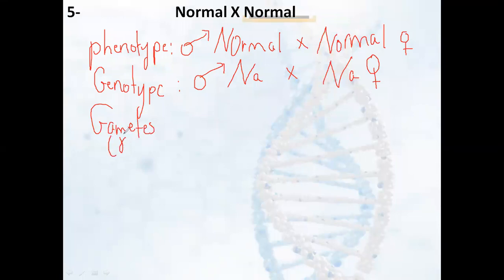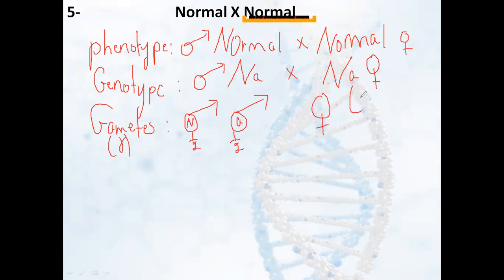Gametes of the male: it will give two different types of gametes, N and a. So 50-50, but I want to work it in proportion. So 1 over 2 for N and 1 over 2 for a. And here, Na also, N is 1 over 2, and a is 1 over 2.